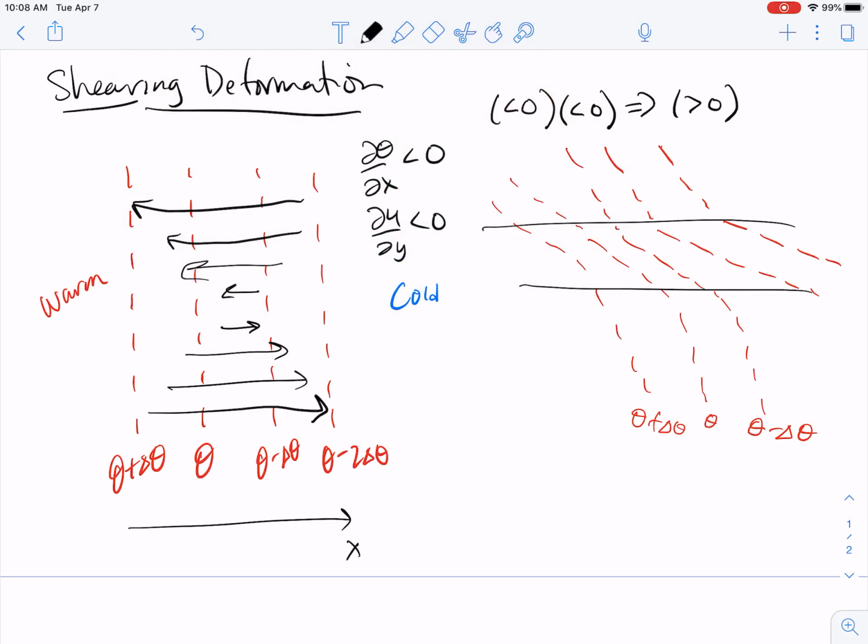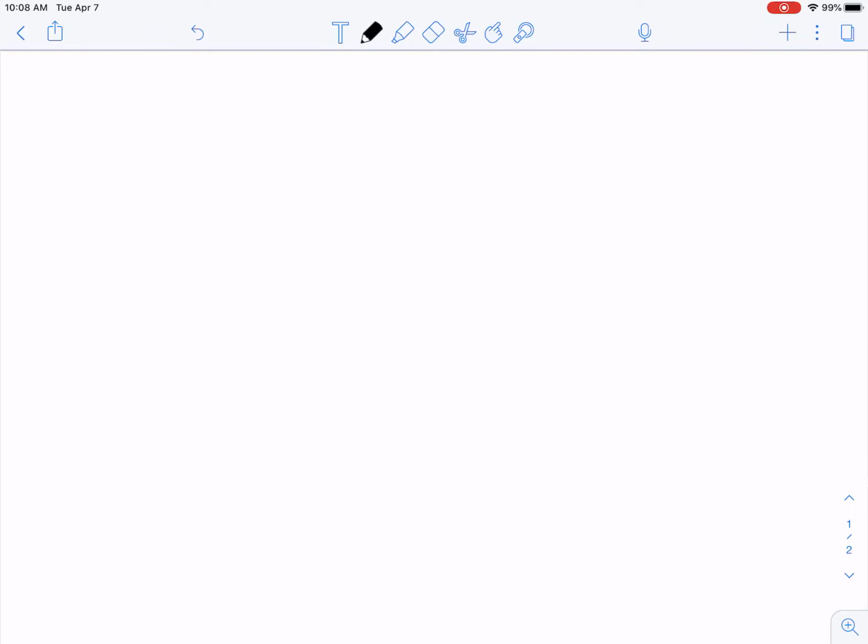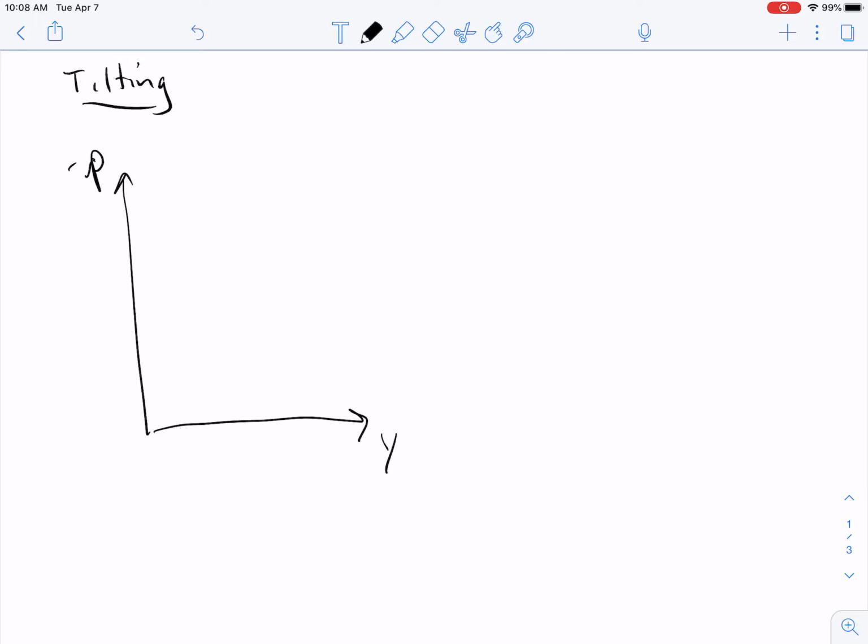Now let's think about our tilting term. Our tilting term here, we want to think about now, instead of a horizontal look, a look in our y, z or y, p minus p direction here. And so again, our fronts aren't just at one level.